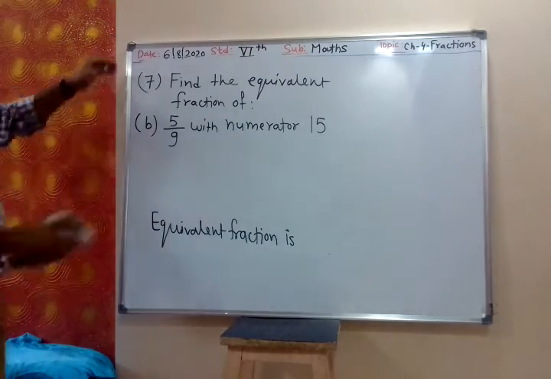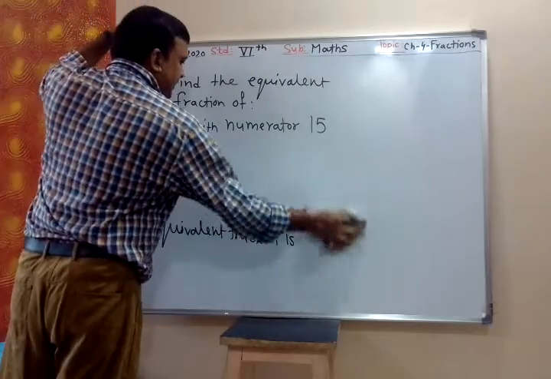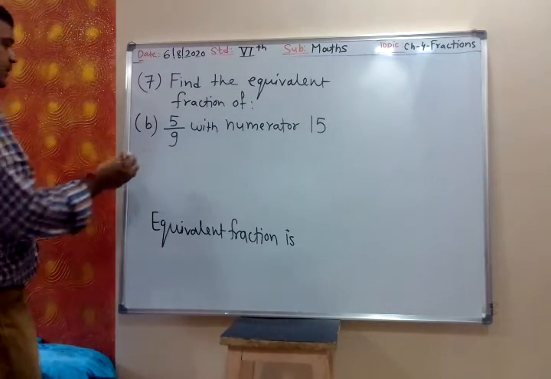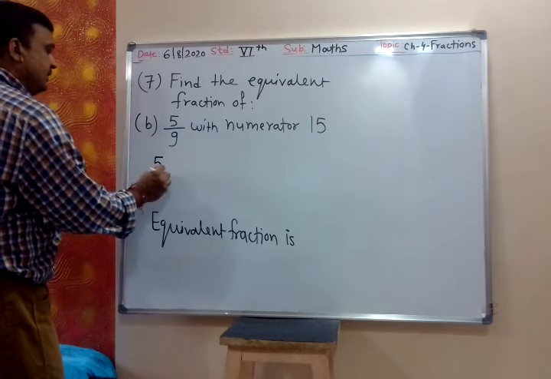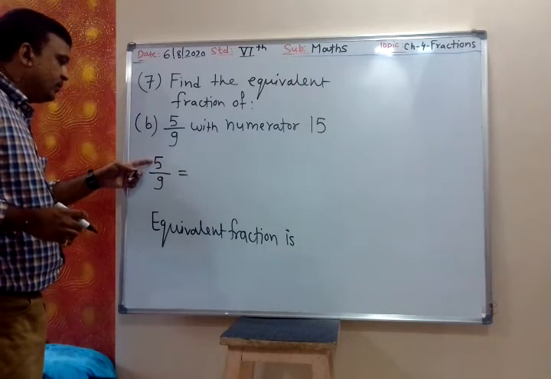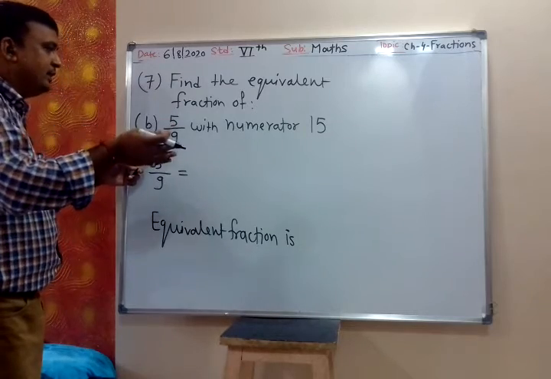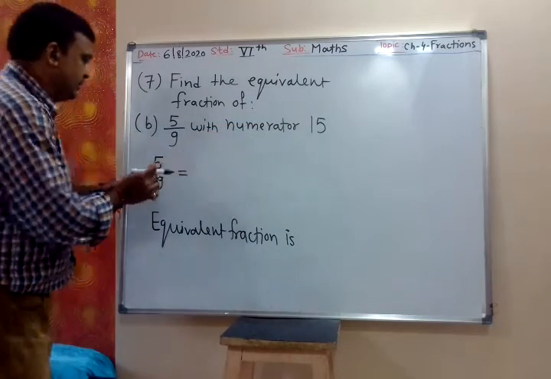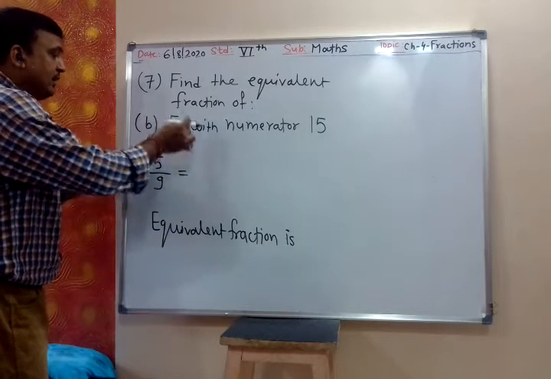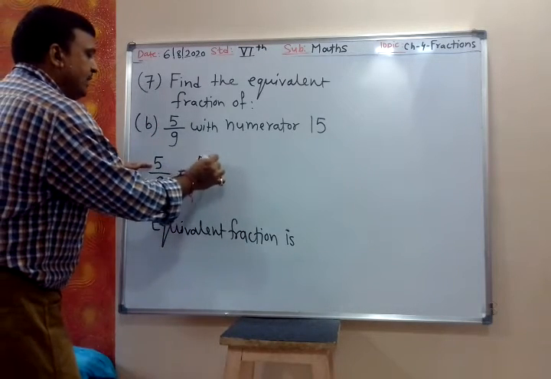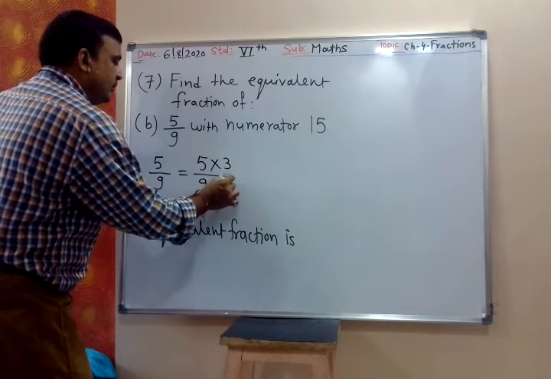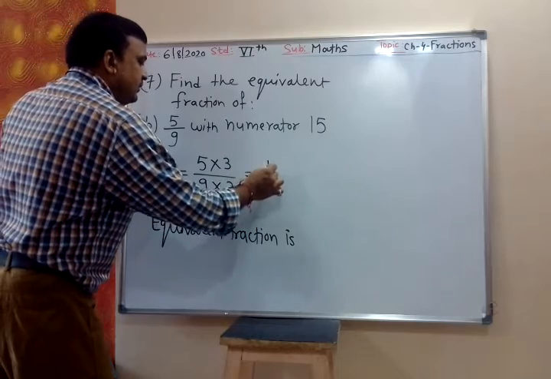Yes, we multiply numerator and denominator by 3 because we want now numerator as 15. Numerator is 5. We want the equivalent fraction with numerator 15. So how will you make 5 as 15? Multiply by 3. So multiply numerator by 3 and denominator by 3. So 5 into 3.